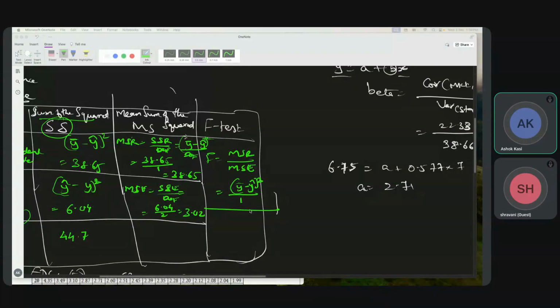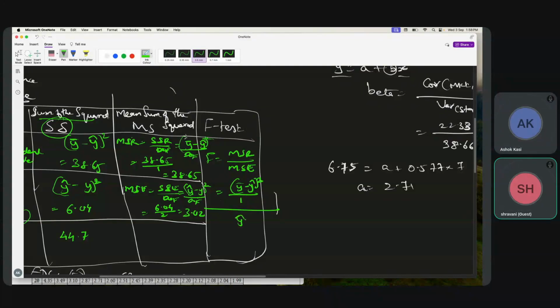Divided by MSE. SSE I can write as y hat minus y the whole square divided by degree of freedom. So similarly here also, y hat minus y the whole square divided by degree of freedom, which is 2. So this is degree of freedom.